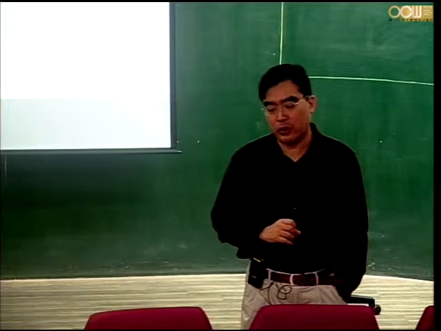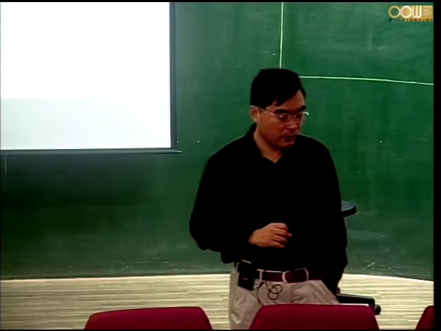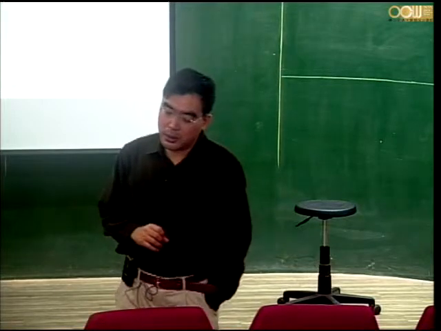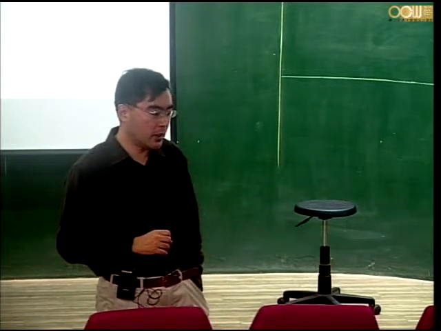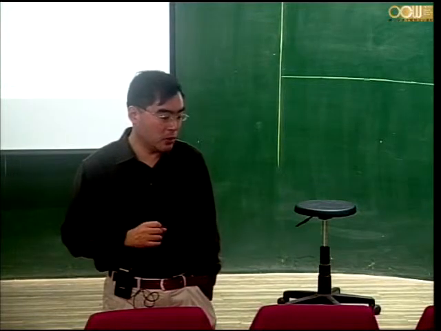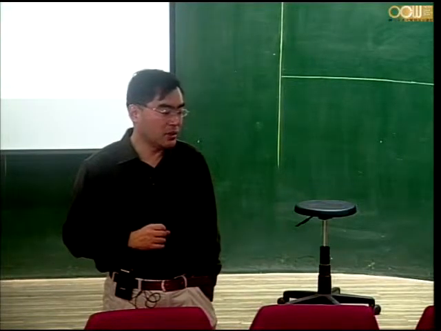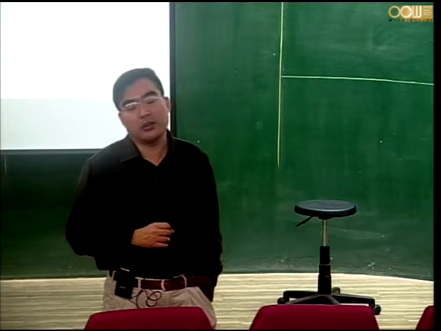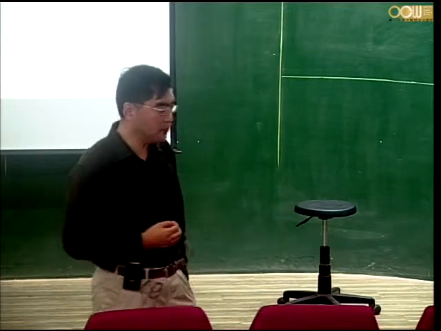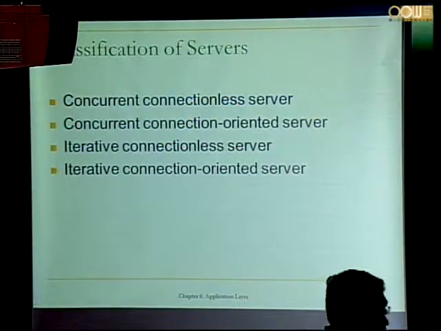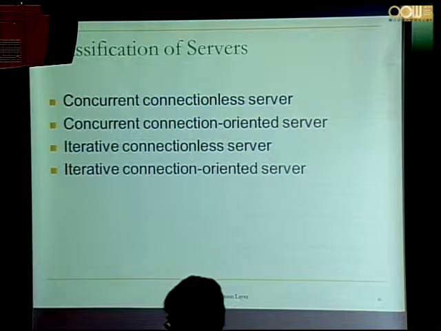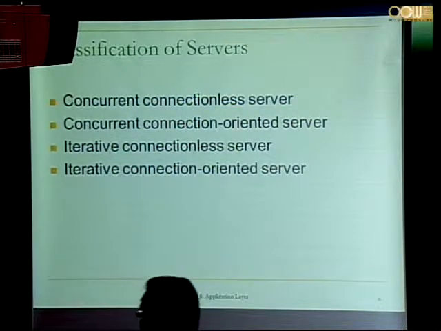You can send the request directly. And so connection-oriented means that you need to write on top of what transport protocol? On top of TCP. So connection-oriented means TCP, while connectionless means UDP. So that is easy, and we clarified that in chapter 5.